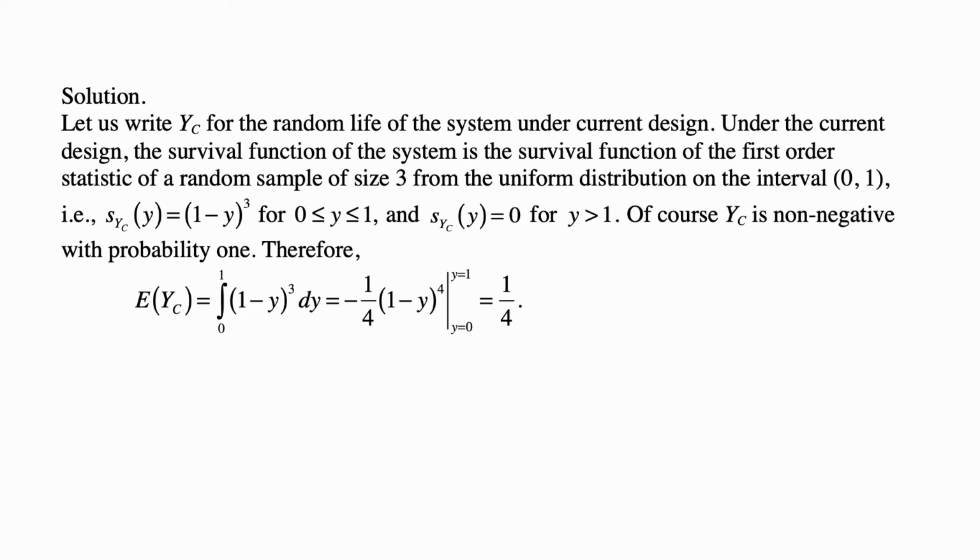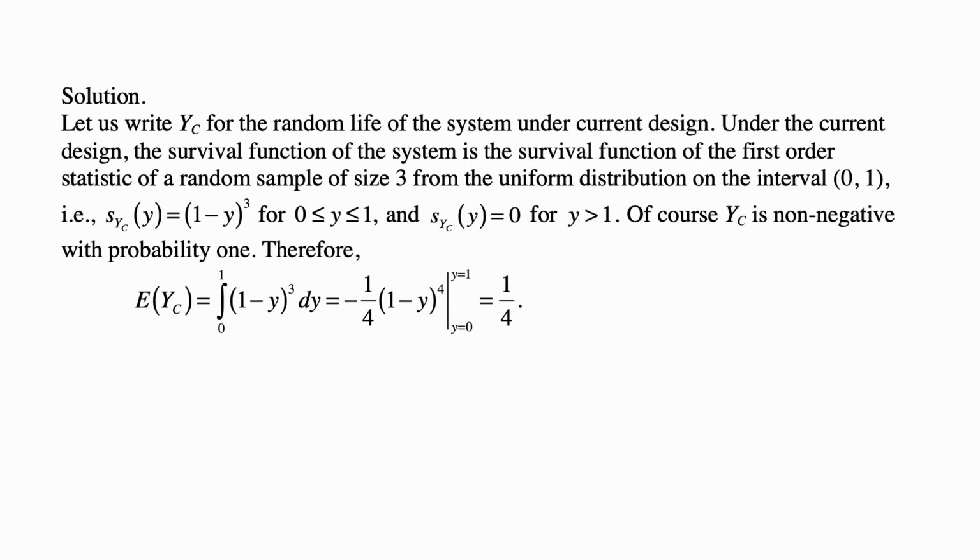the first order statistic is greater than something if all 3 pieces of the random sample are greater than it. This is a sample of size 3 from a uniform distribution on the interval 0, 1, so the first order statistic is greater than a number y if all pieces of the random sample are greater than y, and the probability of being more than y, where y is between 0 and 1 for uniform distribution on 0, 1 is 1 minus y.